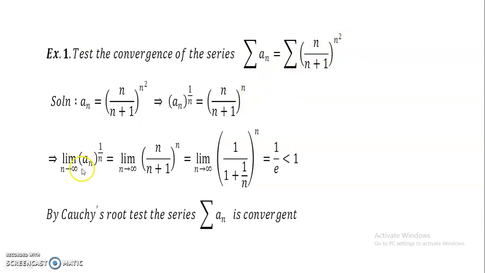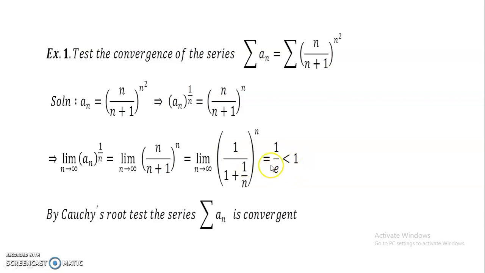Then you can apply the limit as n approaches infinity of a_n power 1 by n. If you take n outside, the denominator and numerator get cancelled, and it becomes 1 by 1 plus 1 by n power n. So that is 1 by the limit as n approaches infinity of 1 plus 1 by n power n.